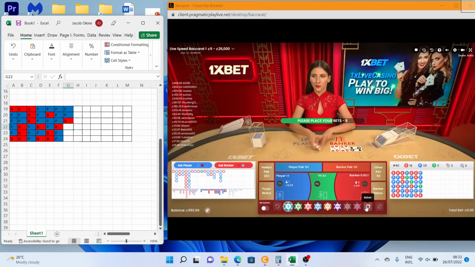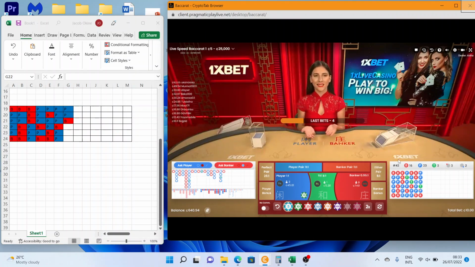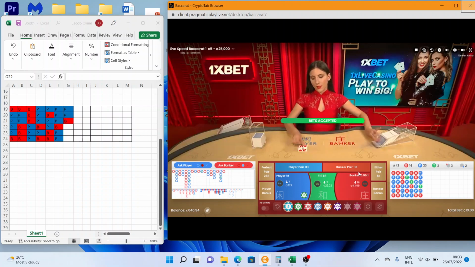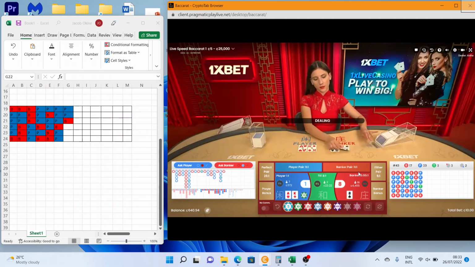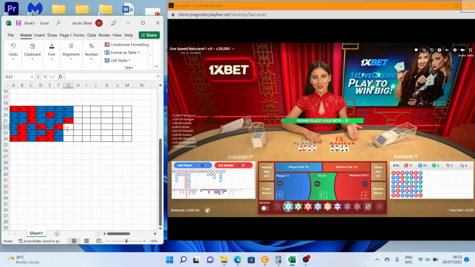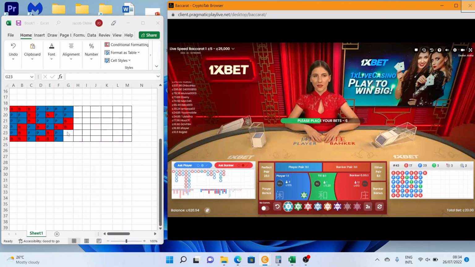All right, so we lost our first one, so we just double. We always keep our eye on the progress of the shoe, how far the shoe has traveled, so that we will not get into any problems midway in the progression, and then we are found wanting because the shoe has come to an end. So we missed that one, and so we continue to the third bet.